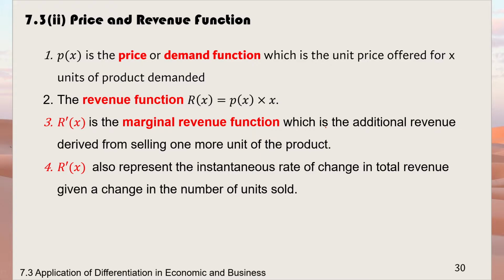Okay, and as I said, marginal means the additional revenue if you sell extra 1 unit. Or over here also saying that R prime x represents the instantaneous rate of change in total revenue given a change in number of units sold. Okay, so means that if you sell extra 1 unit, how much you're going to earn.